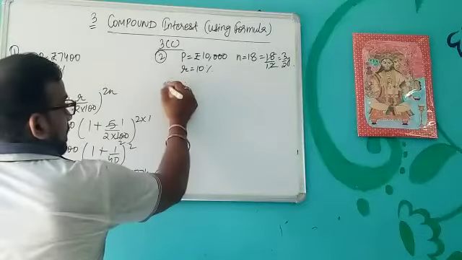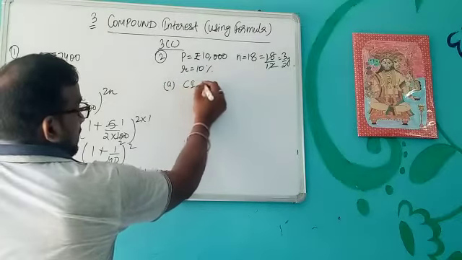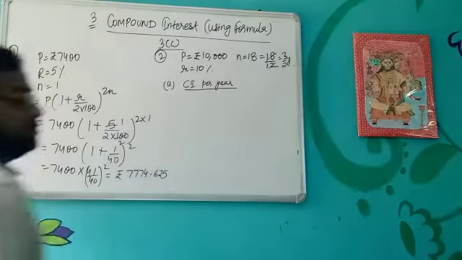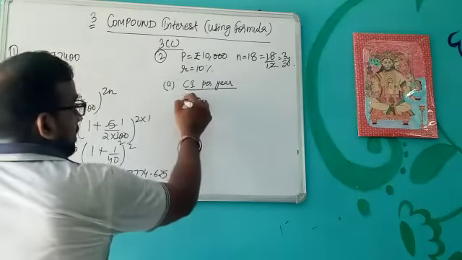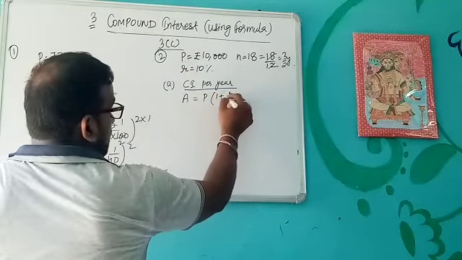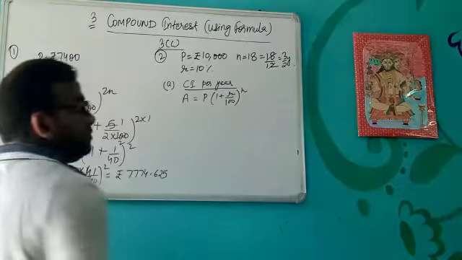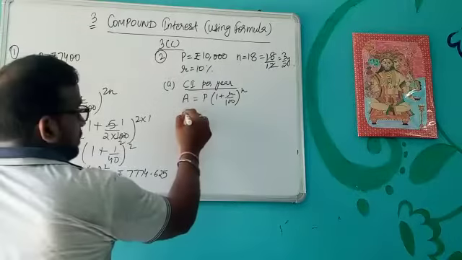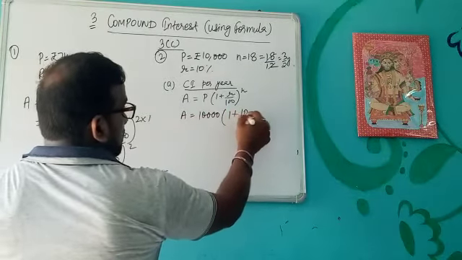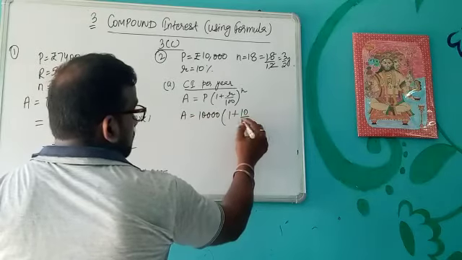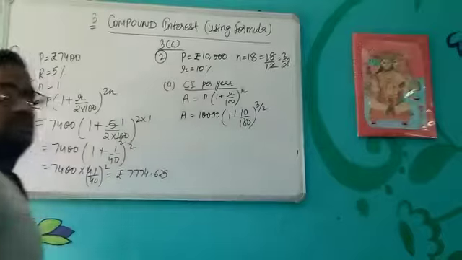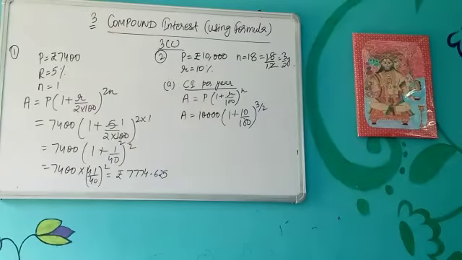So for the first part we will calculate CI per year. For that, what will be our formula? A is equal to P(1 plus R upon 100) to the power n. So let's put the values: 10,000, 1 plus 10 upon 100, and here we will write it like this, 3 by 2.